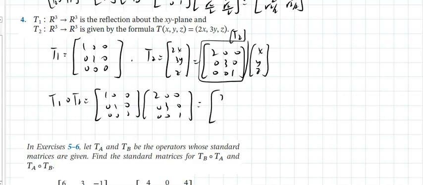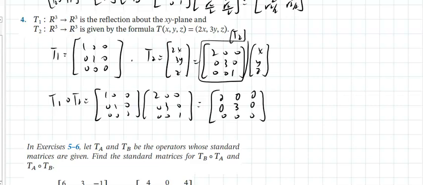I'll end up with a 2 plus 0 plus 0, okay? And here I'll get a 0 and a 0. For the second, I'll get 0 plus 1, that's 0. I'll get 0, the 3 remains, and a 0. And for the third one, since it's 0, it's going to give me all zeros.